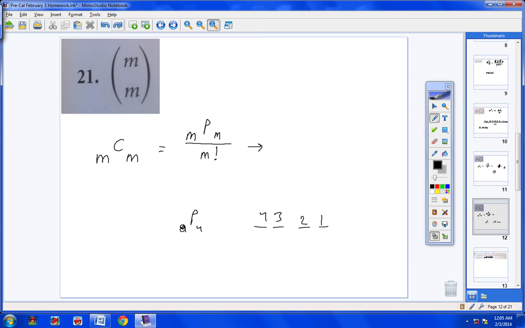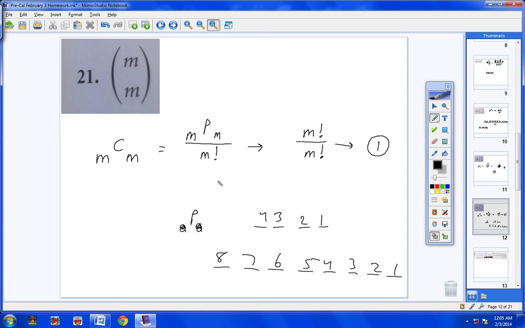And when you have 8 and 8 right there, the answer to that is 8 factorial. So if you have m and m right here, the answer to that is m factorial, and the denominator is m factorial, and anything over itself is just 1. A decently tough problem, not too bad, but you've got to think about it, okay?